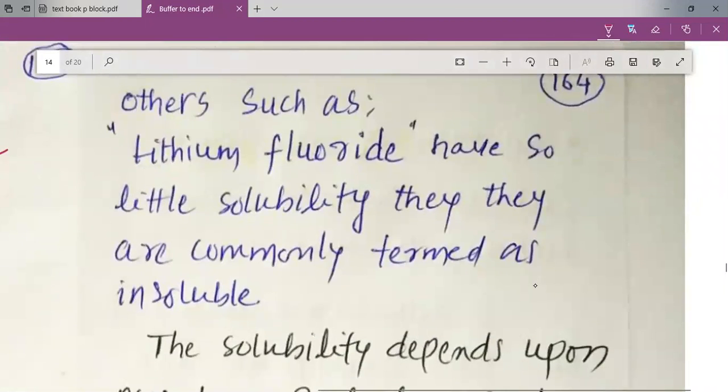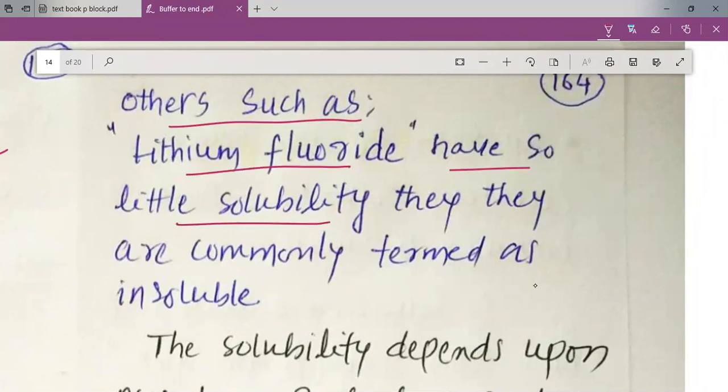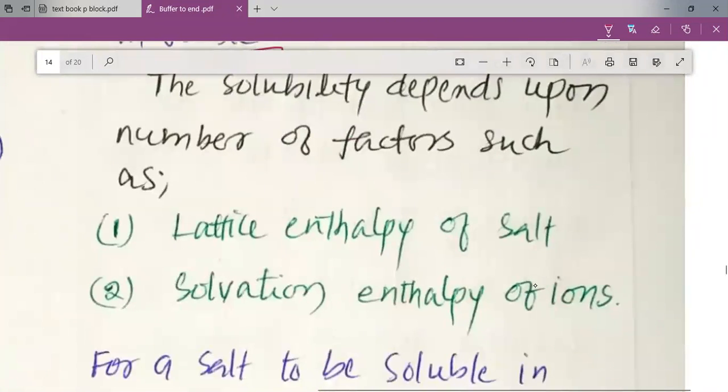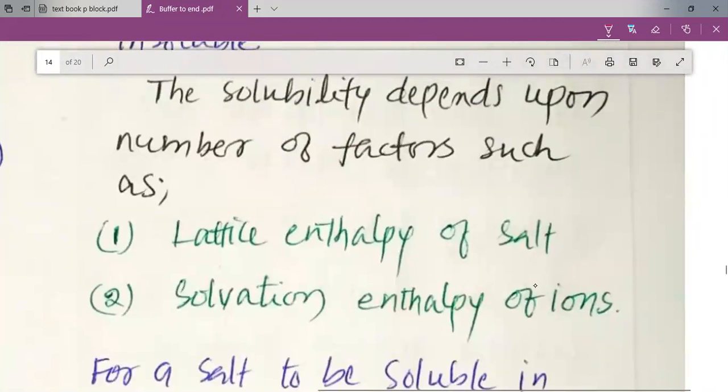In the vessel, we will first put calcium chloride so that all the moisture can be soaked away by calcium chloride. Now, other substances such as lithium fluoride have so little solubility that they are commonly termed as insoluble. So substances like lithium fluoride are not soluble in water at all, or they are soluble in such a small quantity that we call them insoluble.